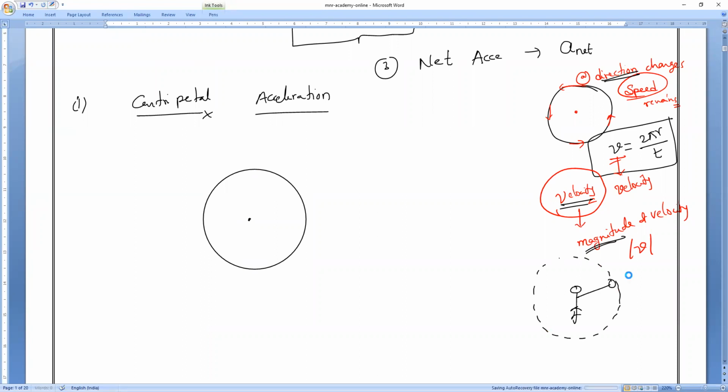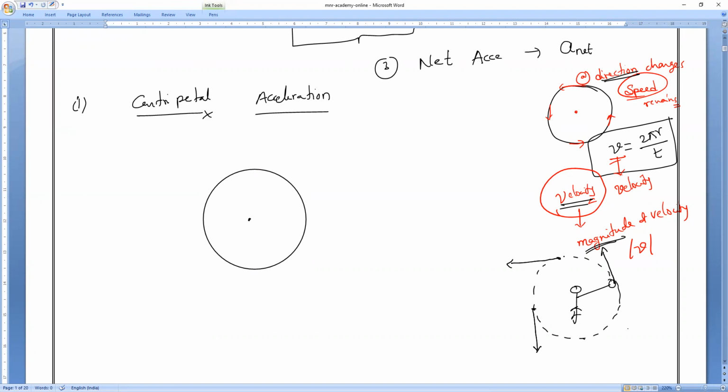For example, if he stops applying the force at this point, the body will travel in a straight line from that point. That is why somebody is always applying force to make the body rotate in a particular path.